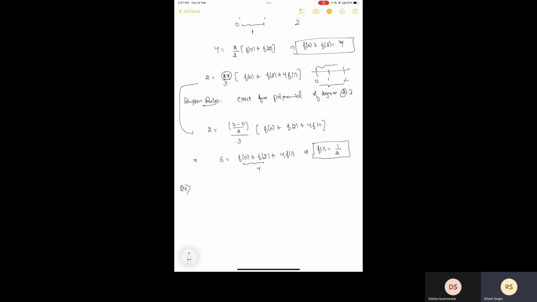C naught is equal to 1 upon 3, C1 is equal to 4 by 3, and C2 is equal to 1 by 3. So it is nothing but just the Simpson rule, right?